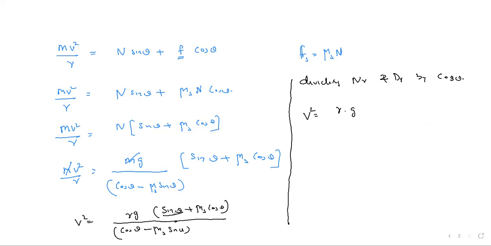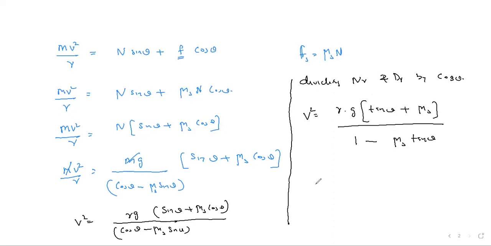Sin theta by cos theta becomes tan theta. Then mu s cos theta by cos theta, cos theta is cancelled, we obtain mu s only. Divided by cos theta by cos theta becomes 1, minus sin theta by cos theta is tan theta. So it is 1 minus mu s tan theta.